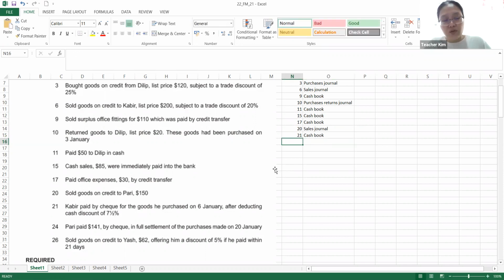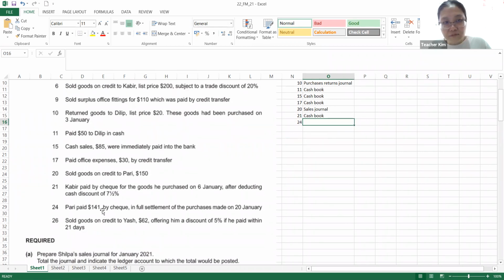So the bank related transactions are all in the cash book. Pari paid 141 by check. So the moment check, cash book. 26. Sold goods on credit to Yas, offer him a discount. So this sold goods is sales journal.